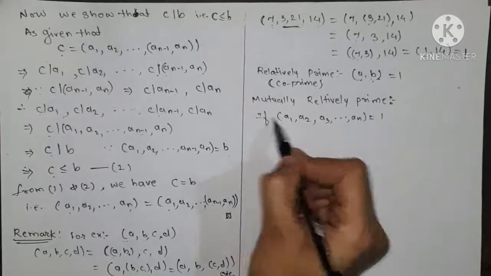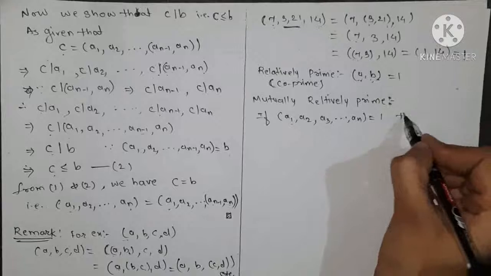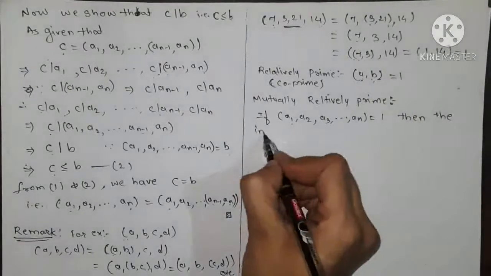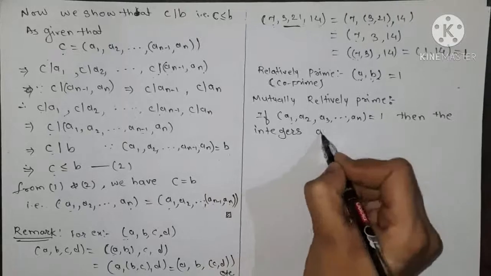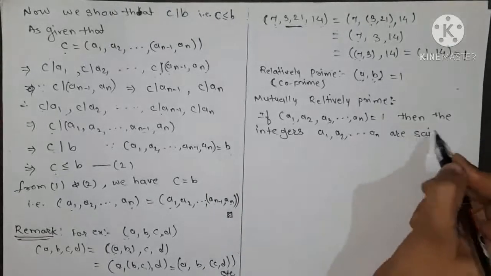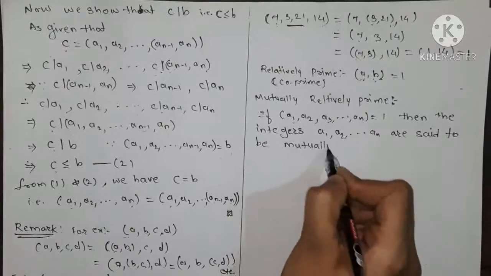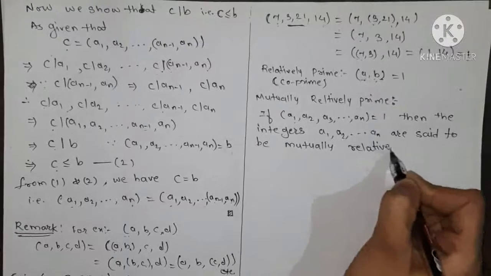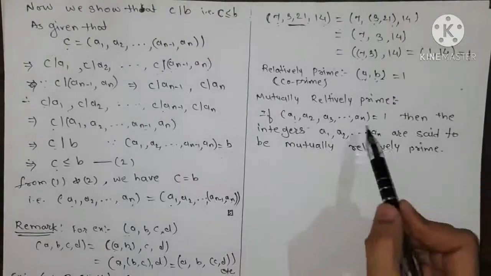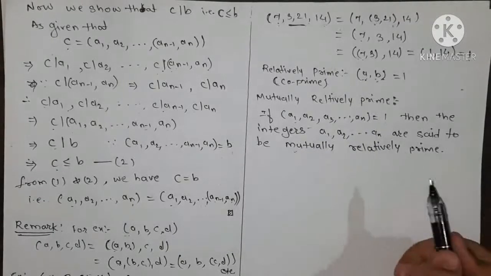That is, if GCD of a1, a2, and so on up to an equals 1, then the integers a1, a2 and so on an are said to be mutually relatively prime. So if the GCD of these integers comes out to be 1, then they are called mutually relatively prime.